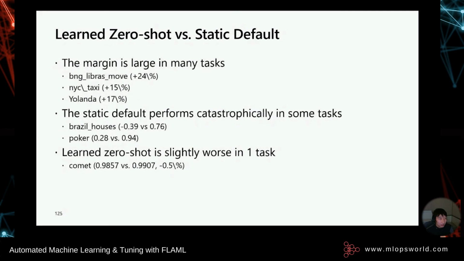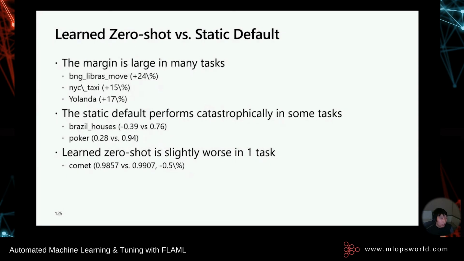The static default from LightGBM performs catastrophically in some tasks like the Brazil houses with a negative R-squared score versus 0.76, and the poker 0.28 versus 0.94. The zero-shot approach stands strong in the worst-case performance.